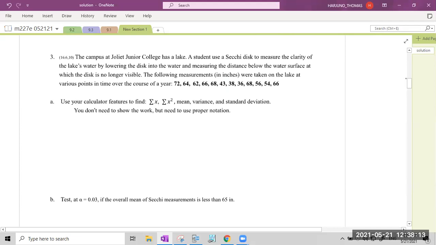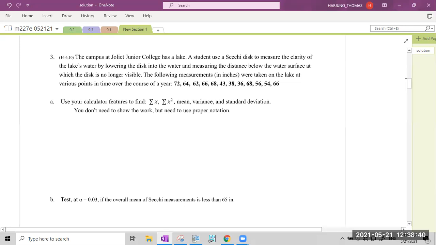Number 3, the campus at Joliet Junior College has a lake, and a student used a Secchi disc to measure the clarity of the lake's water by lowering the disc into the water and measuring the distance below the water surface at which the disc is no longer visible.